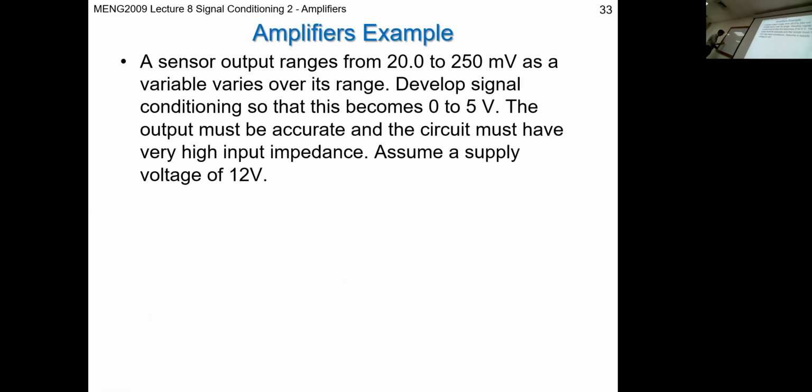This goes 0 to 5, this goes 20 times 10 to the minus 3, and both of these are volts. And it goes up to 250 times 10 to the minus 3, gives you 5 volts. So now we just have to draw a nice straight line between these points.